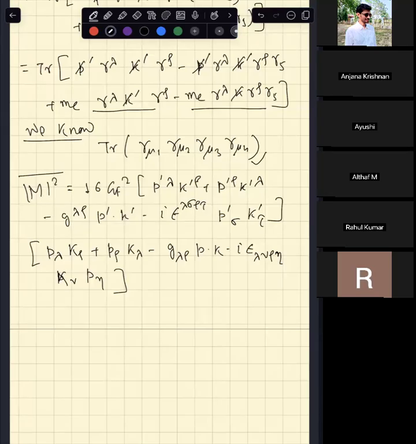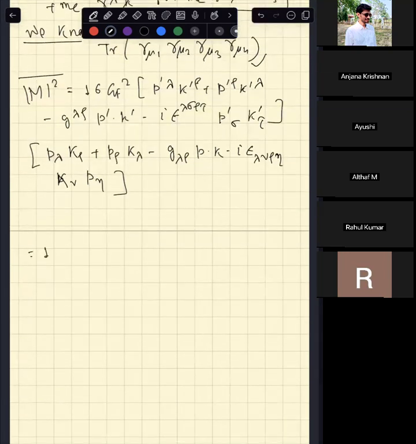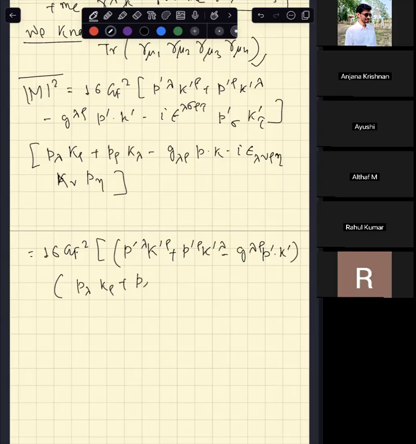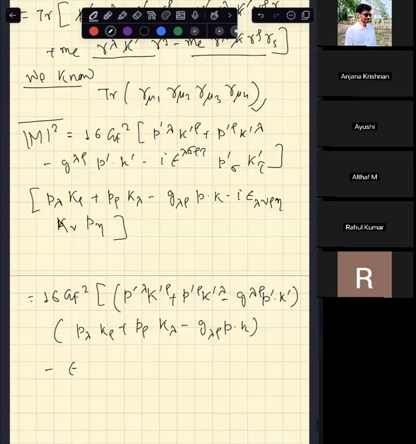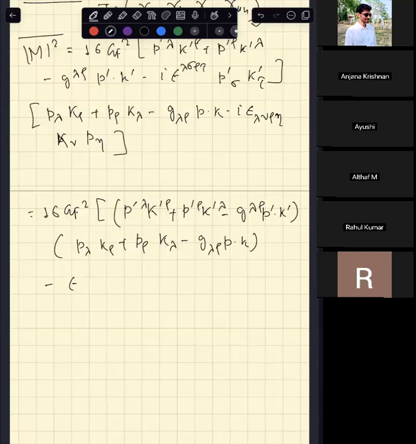Okay, so now if we contract them, we find 16 gf square into p prime lambda k prime rho plus p prime rho k prime lambda minus g lambda rho p prime dot k prime times p lambda k rho plus p rho k lambda minus g lambda rho p dot k, and this epsilon you can write down the product of that, so epsilon lambda sigma rho tau times epsilon lambda nu rho eta, and then p prime sigma k prime tau, and then the k nu p eta.